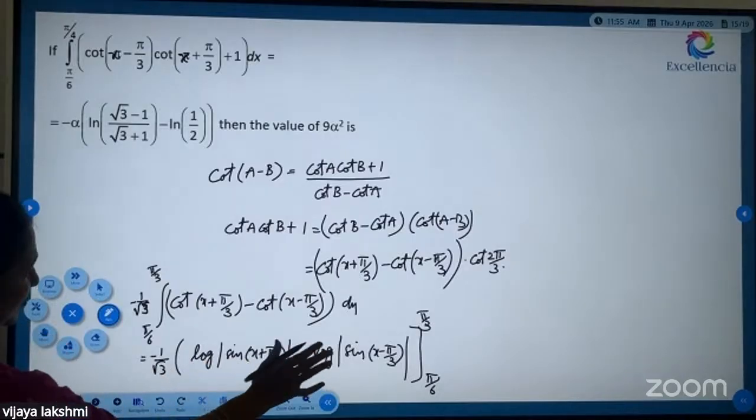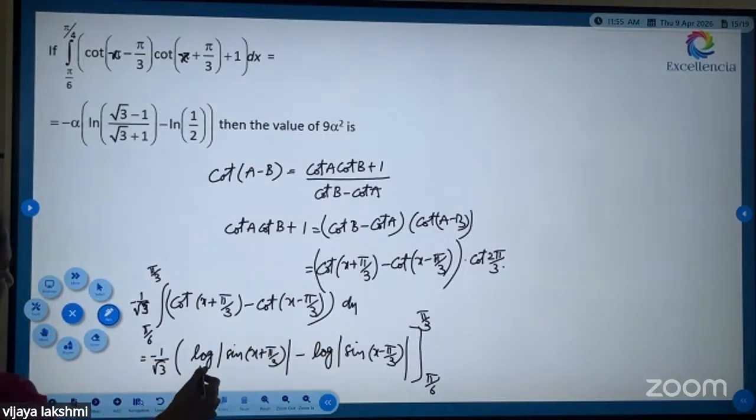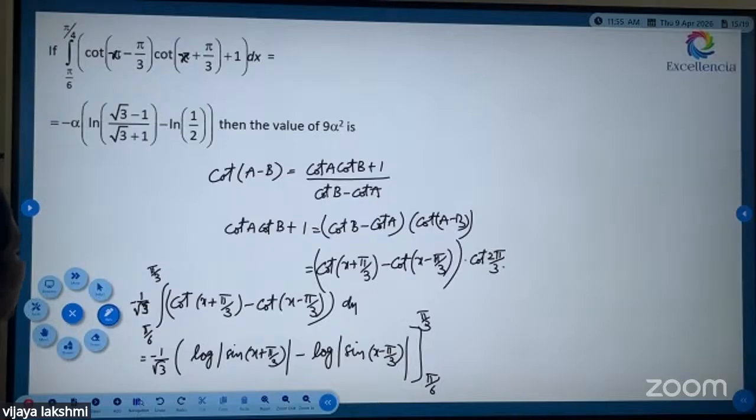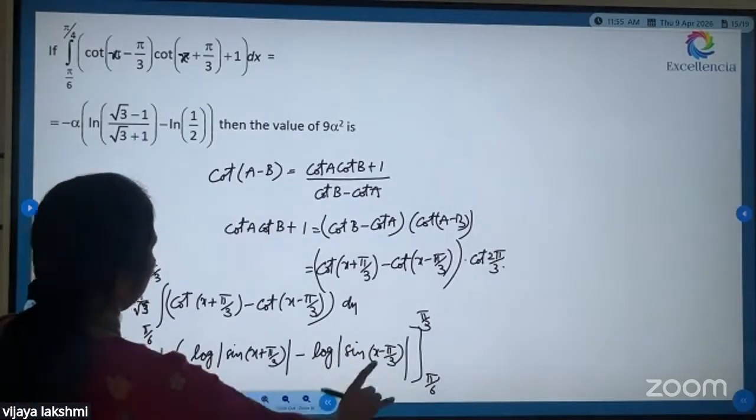This is not calculated here; you also won't get any powers. That's why I'm directly considering the value, and by substituting the sin of x plus 5 by 3, 5 by 6 into 3 by 2 and so on, it will be 1.